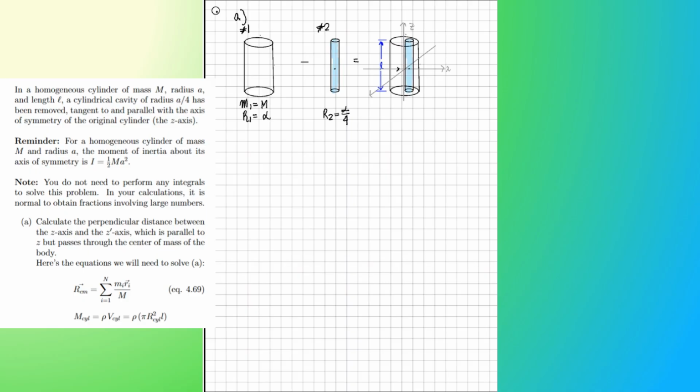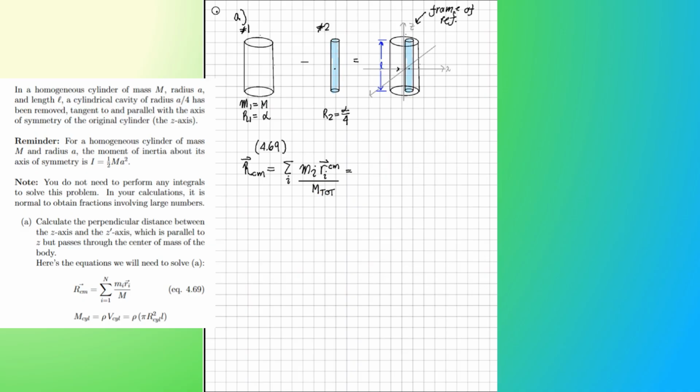And the shortcut is equation 4.69 of David Morin's book, which says that the vector position of the center of mass relative to our frame of reference, it's important to note that this is our frame of reference, is equal to the sum of each individual mass multiplied by their own position of center of mass relative to our frame of reference, divided by the total mass of the system.